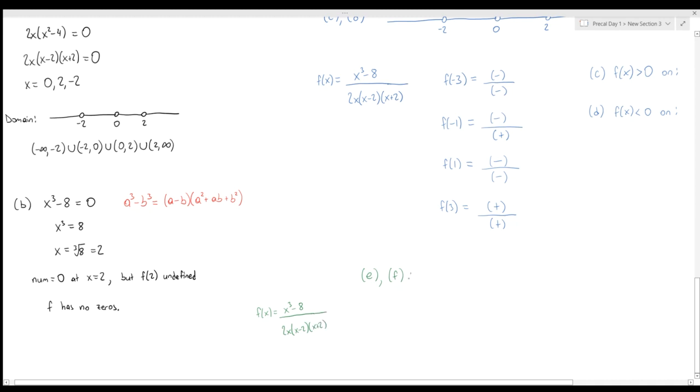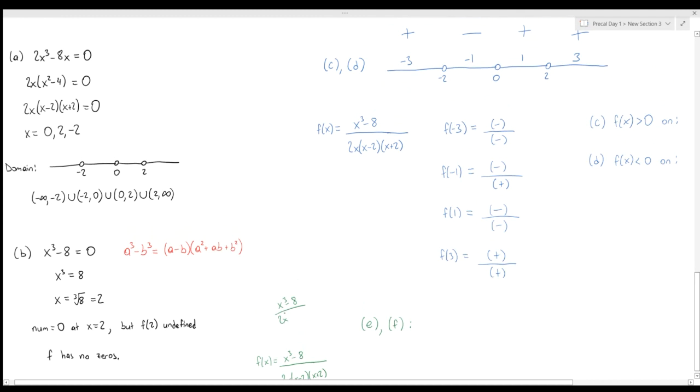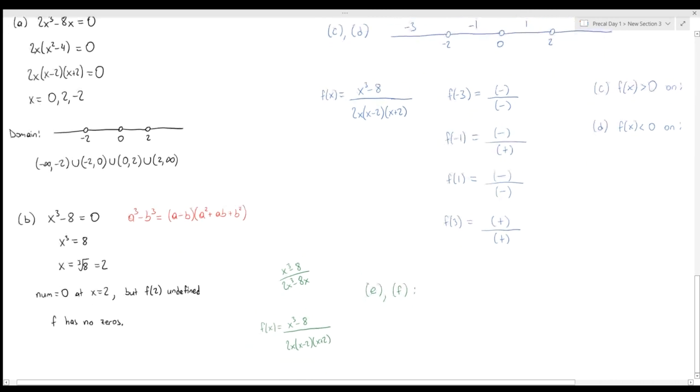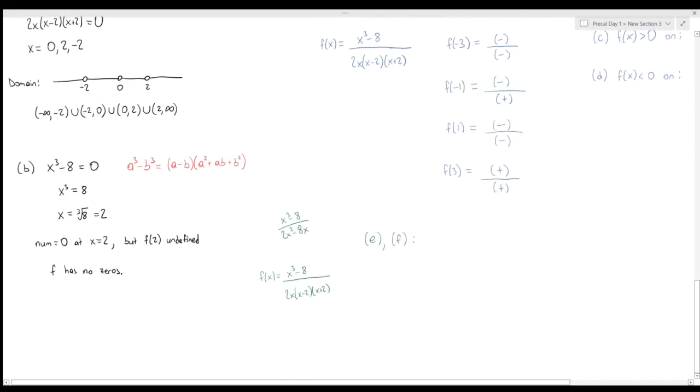So I guess at this point, let's talk about the horizontal asymptotes first.